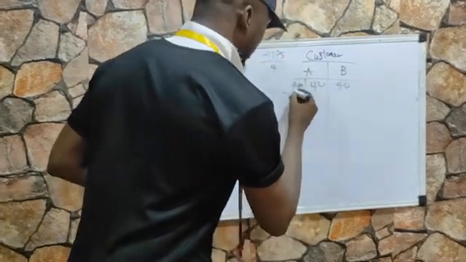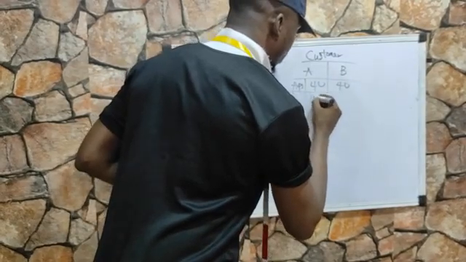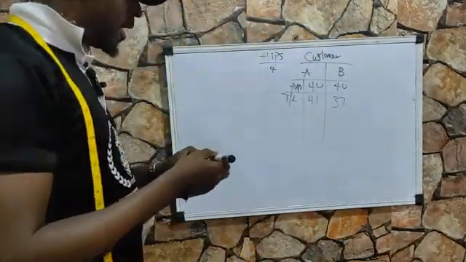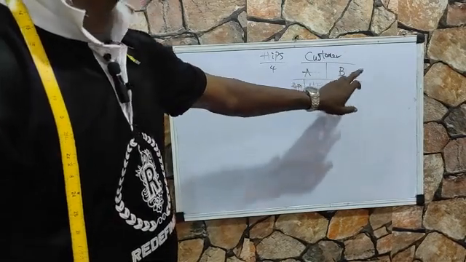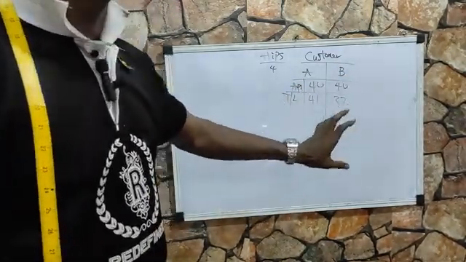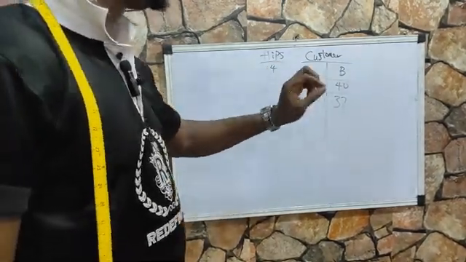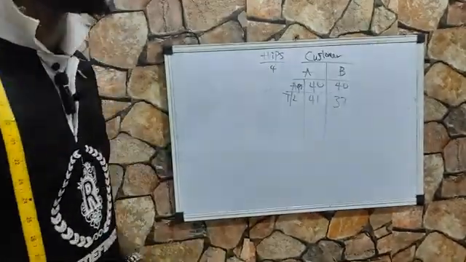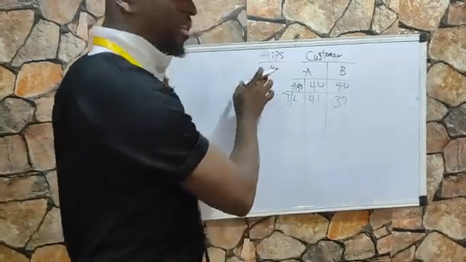And then their trouser length, let's say this one is 41, and this other one is 37. So this formula is trying to tell us that customer A and customer B have the same hips but different trouser lengths, meaning whatever you are going to use for customer A's hip is not the same thing you're going to use for customer B's hip, in as much as they have the same hip measurements. Now, you are going to divide the hips by 4, as the formula states.